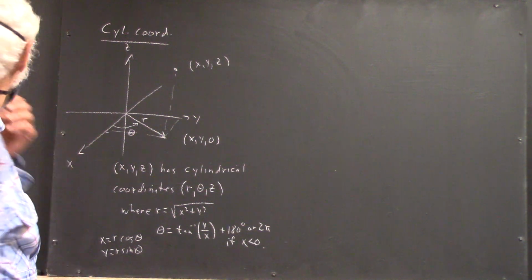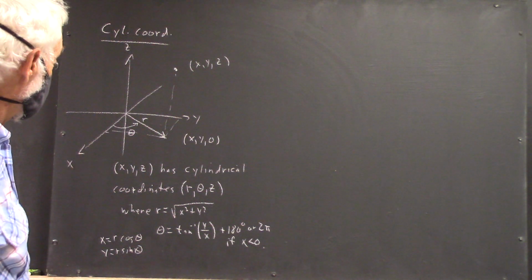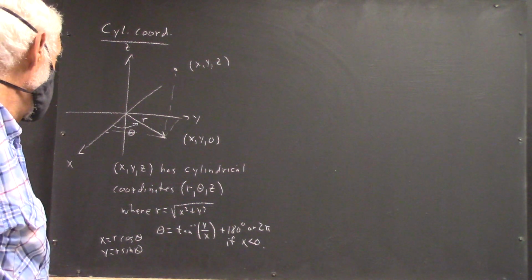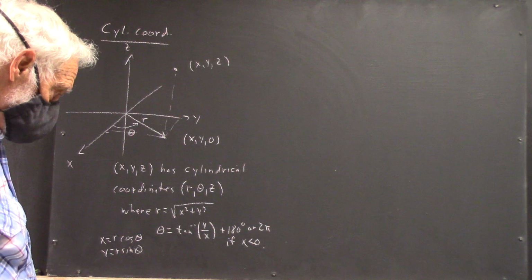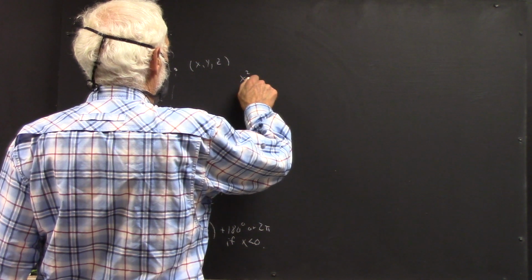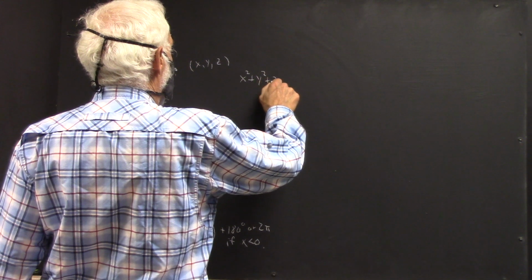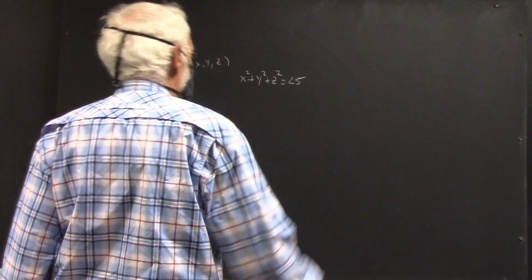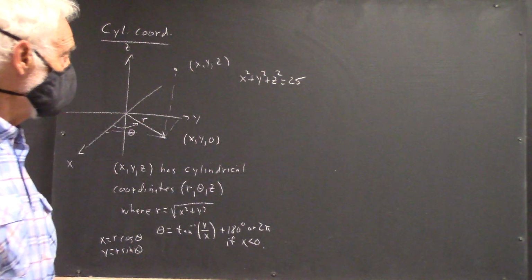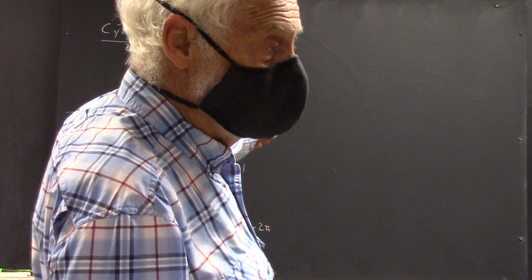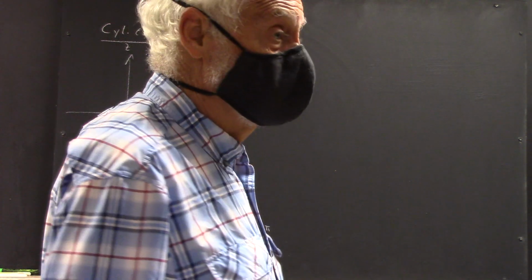And you could then take an equation like x squared plus y squared plus z squared equals 25. What's that? What kind of quadratic surface is that?